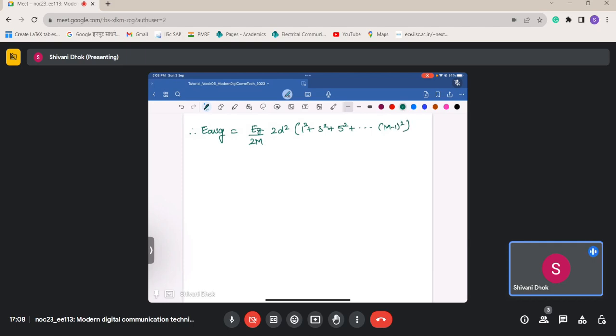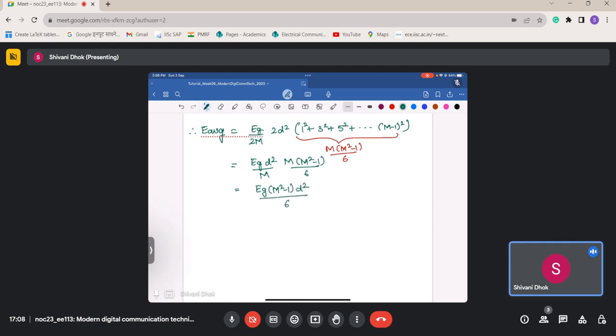And you can look at the standard formula. This summation is equal to M into (M square minus 1) by 6. This is a standard formula that you can look into in some book, and this comes out to be Eg d square by M into (M square minus 1) by 6. So this comes out to be Eg (M square minus 1) d square upon 6.